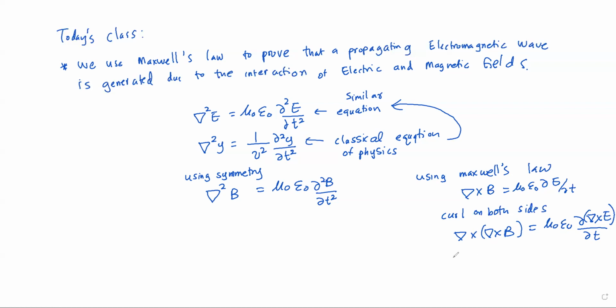Using mathematics, I can solve this expression into a simpler form, where I can write this as minus the Laplacian of B equals mu naught epsilon naught, and I'm left with this curl of E over ∂t. The curl of E I can write as minus ∂B/∂t using Faraday's law, and I also have the ∂/∂t which was there earlier.